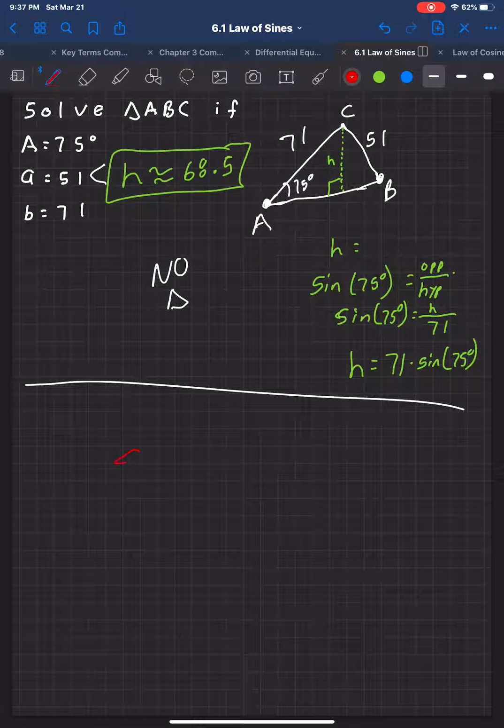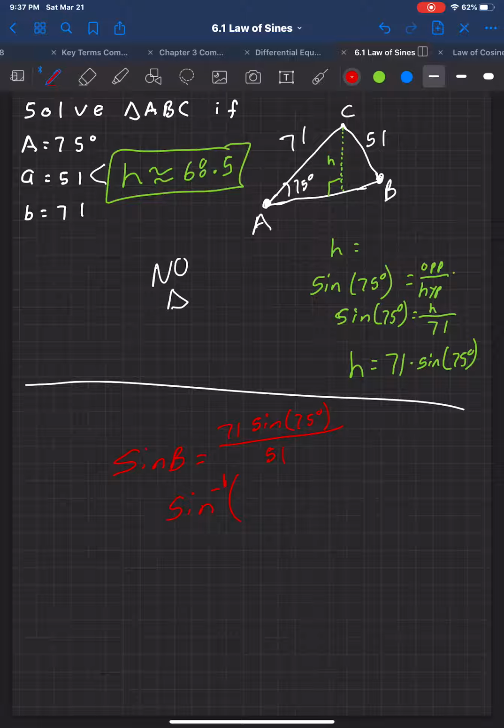If you set up sine of B, right, you jump in and start trying to solve, and you might get 71 sine of 75 degrees over 51. So listen to me. Right now, at some point in this problem, your calculator is going to start screaming at you, error.